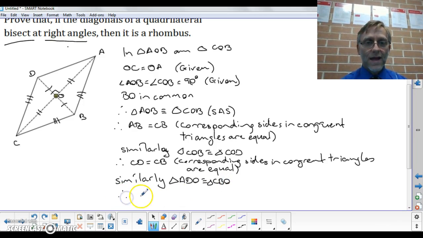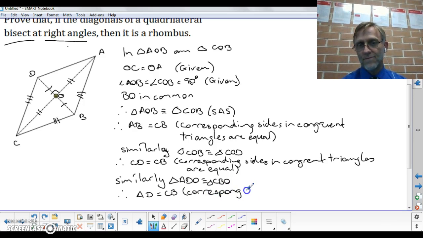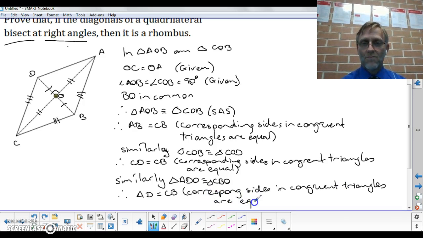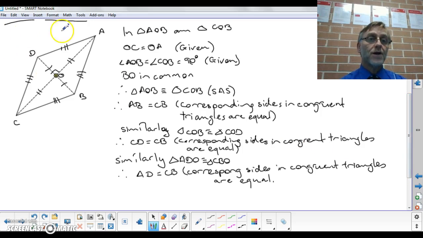And therefore, AD is equal to CB because corresponding sides in congruent triangles are equal. So I do this, and therefore I've proven that the shape that I drew, ABCD, is a rhombus.